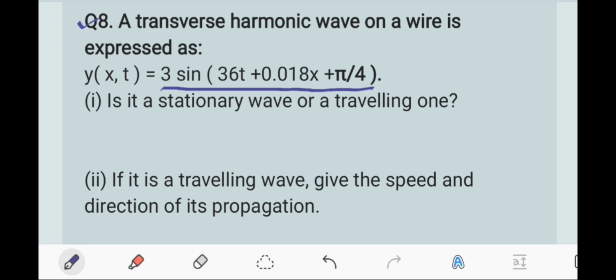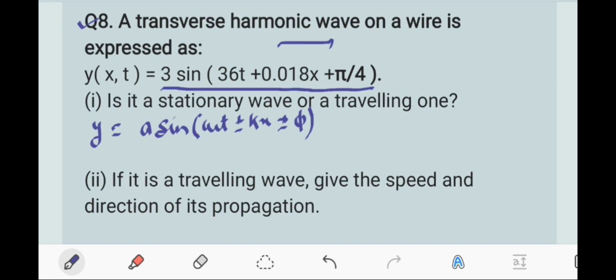Now students, we know the equation of a progressive wave, that y is equal to a sine of omega t plus or minus kx plus or minus phi, where phi is the phase difference. Now if the wave travels from left to right, we take kx as negative, and if it travels from right to left, we take kx as positive.